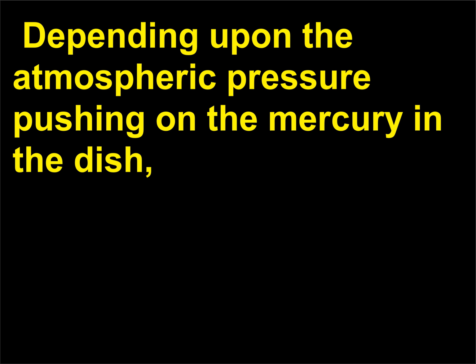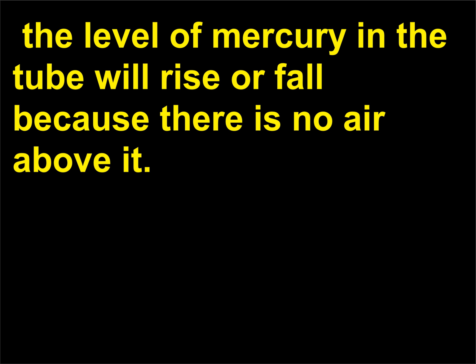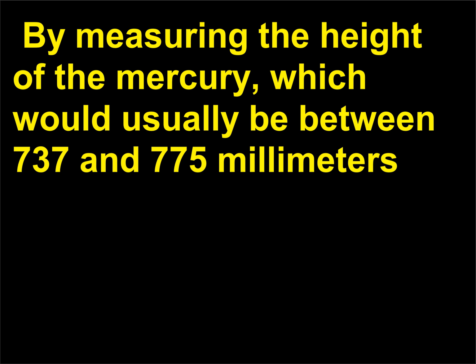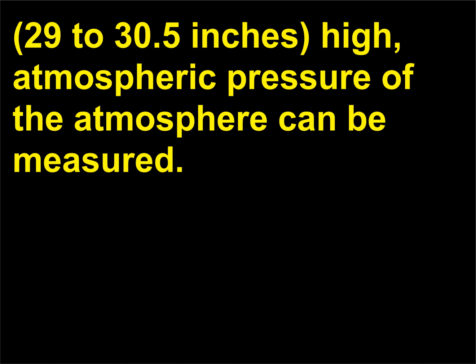Depending upon the atmospheric pressure pushing on the mercury in the dish, the level of mercury in the tube will rise or fall because there is no air above it. By measuring the height of the mercury, which would usually be between 737 and 775 millimeters, 29 to 30.5 inches, high, the pressure of the atmosphere can be measured.